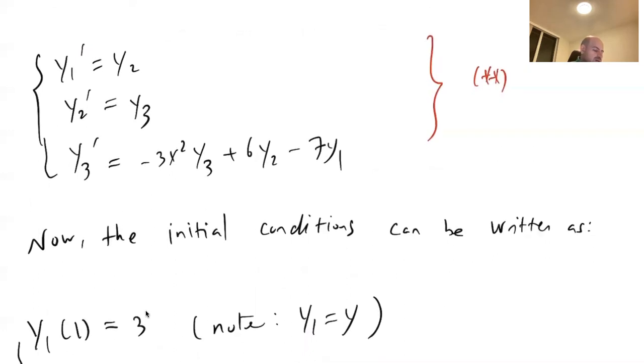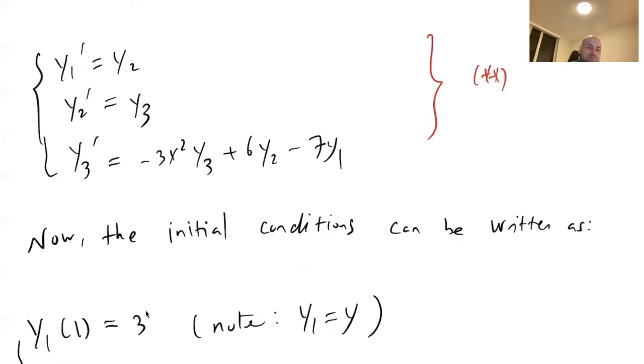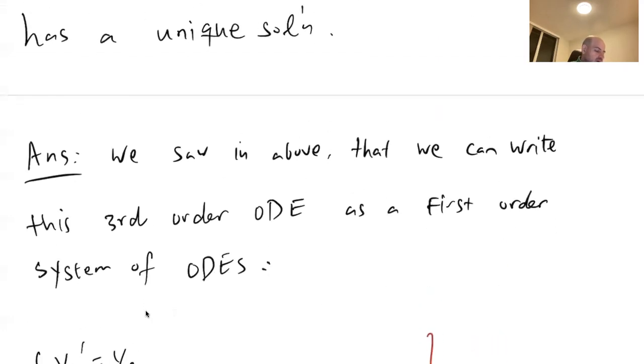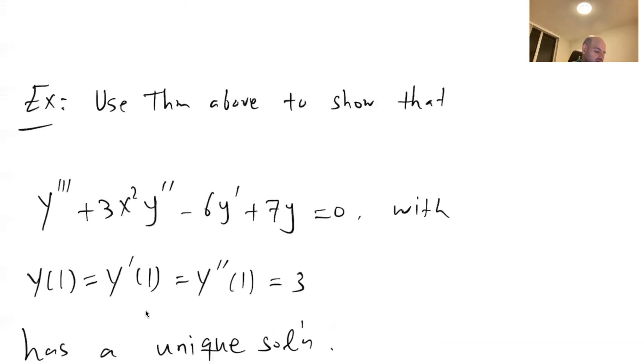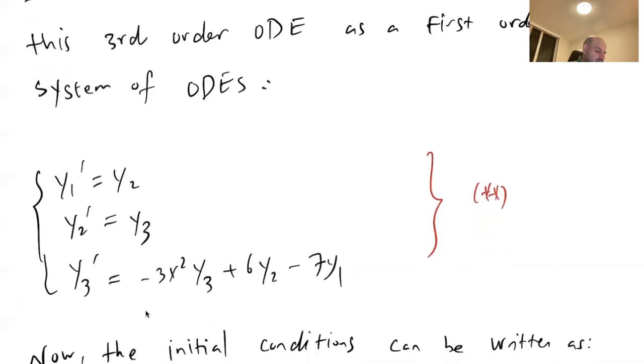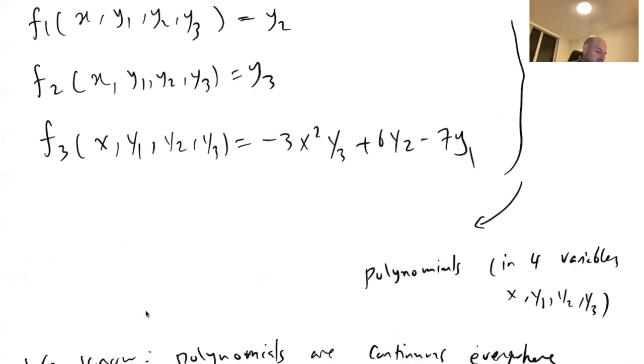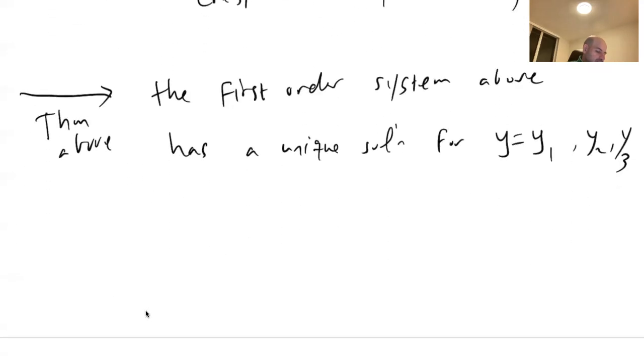So that means, because y1 has a unique solution and y1 is equal to y, there exists a unique solution for y for this equation. So there is a unique solution for y1, y2, y3.